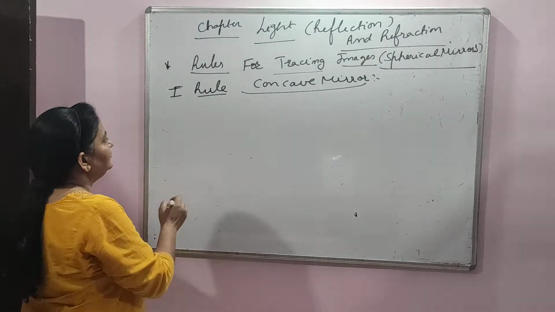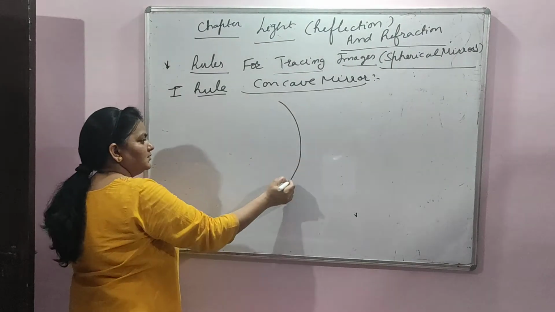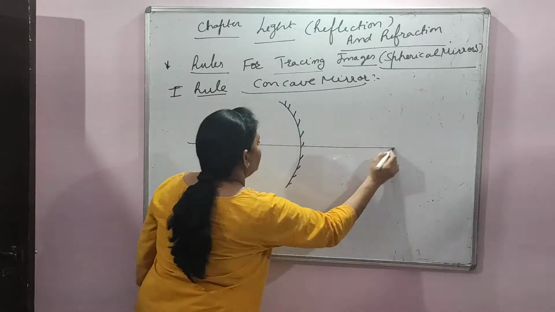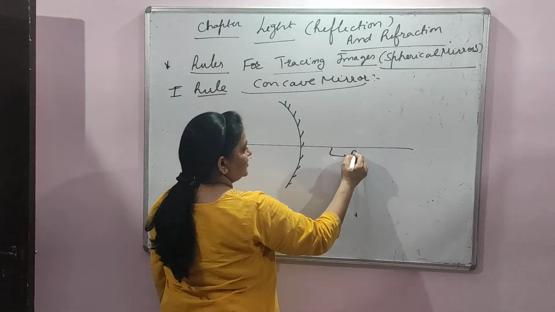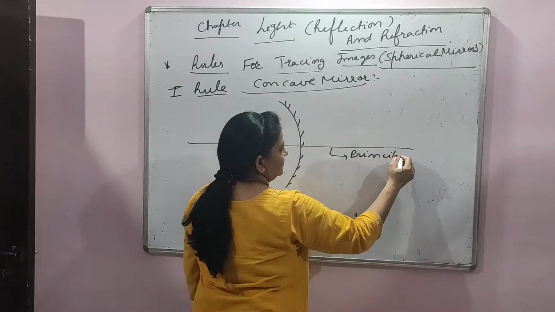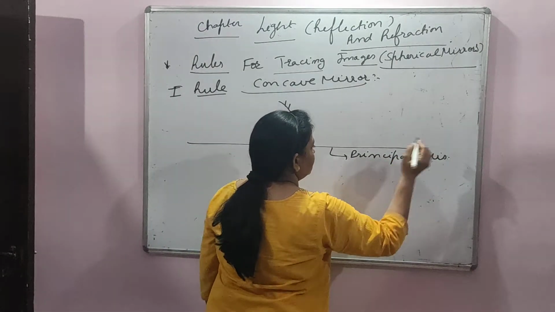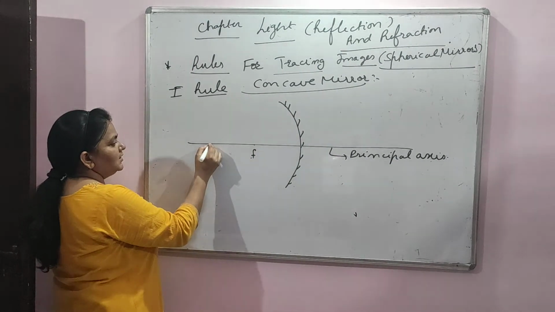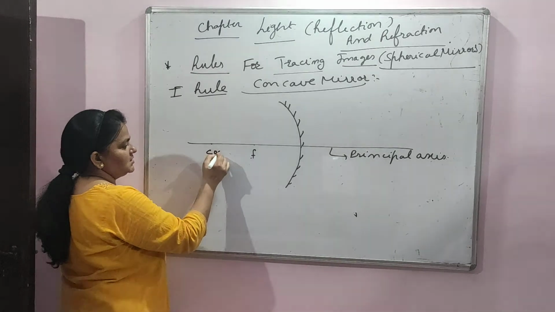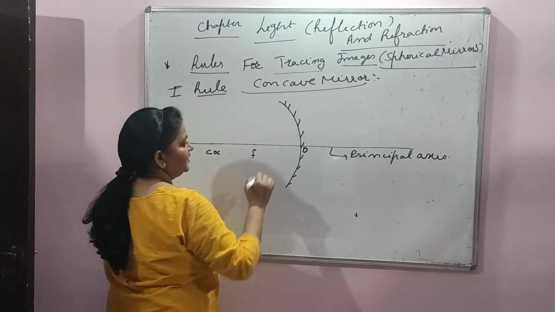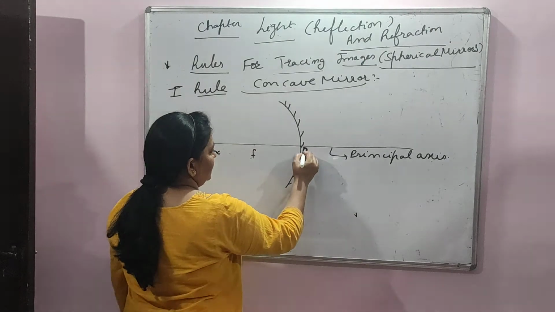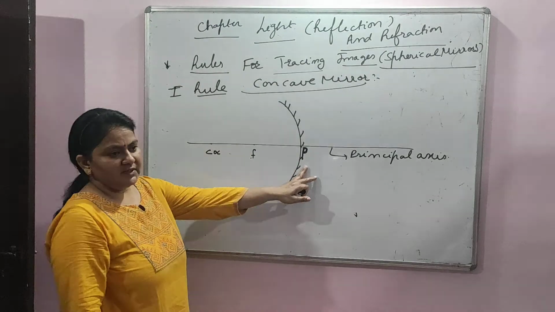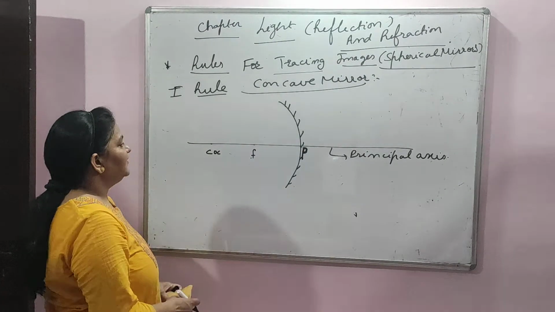Here, all of us know this is our principal axis. This is the principal focus and this is the center of curvature, and this is our pole of a spherical mirror. Sorry, not optical center. Optical center is for a lens, but pole is for a spherical mirror.